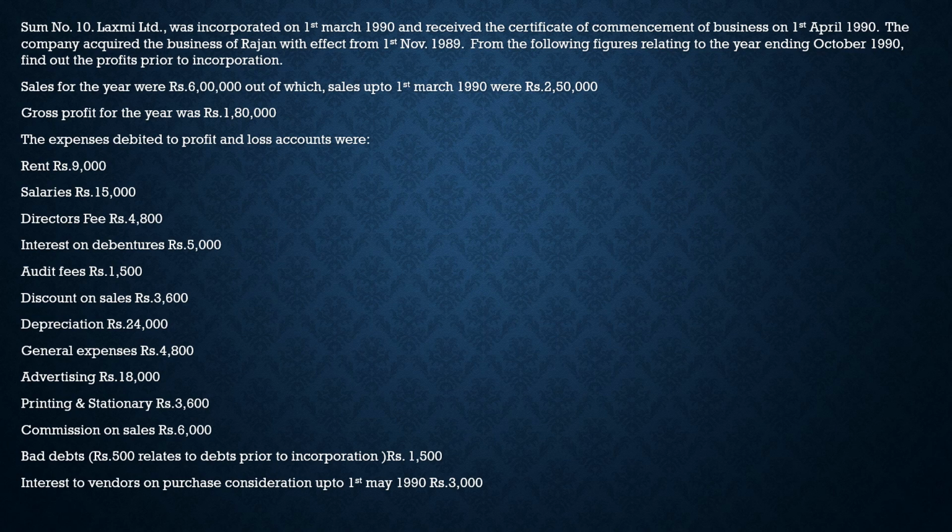From the first date to the date of interest payment, that is the date of purchase consideration payment. The payment date is 1st May, and the first date here is 1st November 89. So November, December, January, February, March, April are counted, and May will not be considered. That is 6 months, for which the interest paid is 3,000.